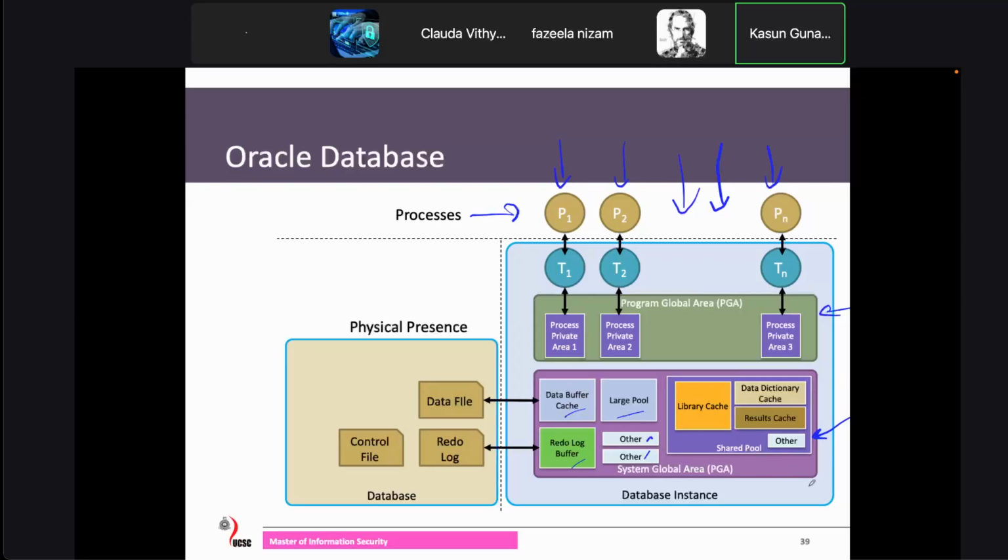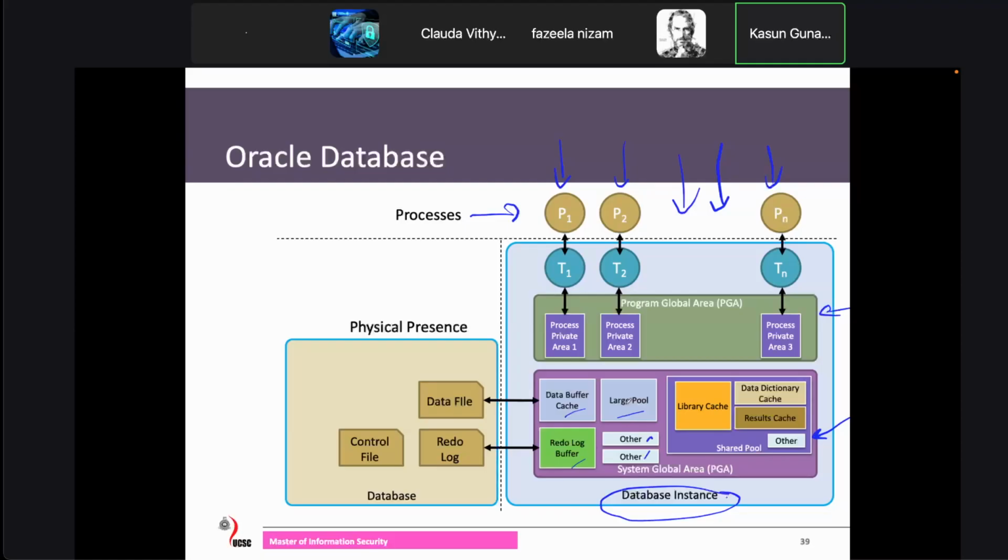So this is basically the database instance, right? To run this instance, we need the physical files, the physical representation or physical presence. This is where the physical presence is. So we refer to that physical presence as database. From the database, we will run an environment representing the data.